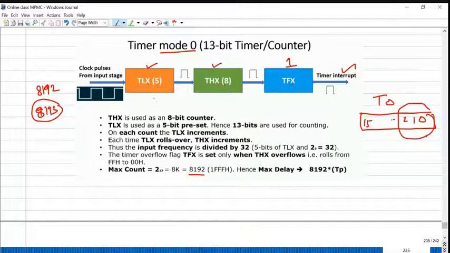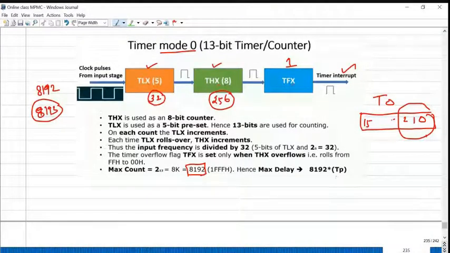So this TLX overflows at the end of 32 clock pulses, 2 power 5. And TH will overflow after 256 clock pulses. Or you can assume this is 13-bit timer mode or counter mode. Once the timer reaches 8192 clock pulses, the interrupt will be generated.